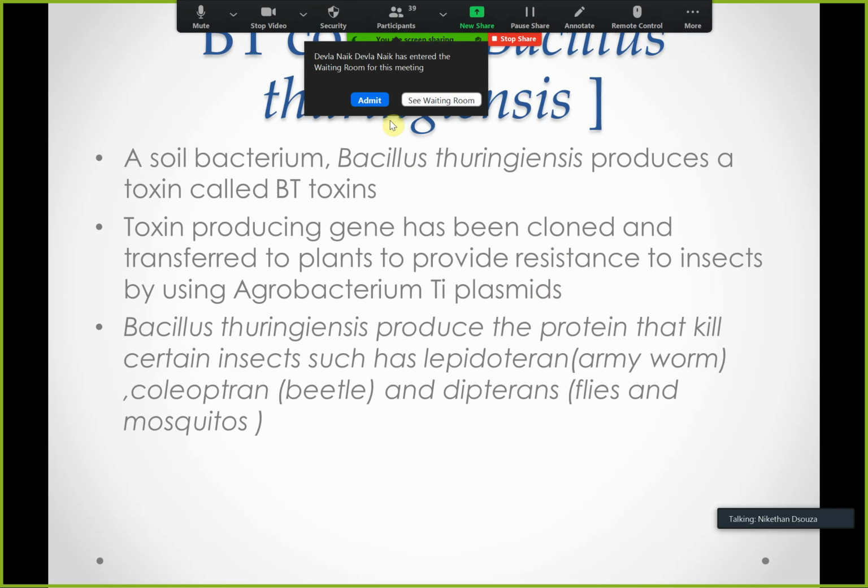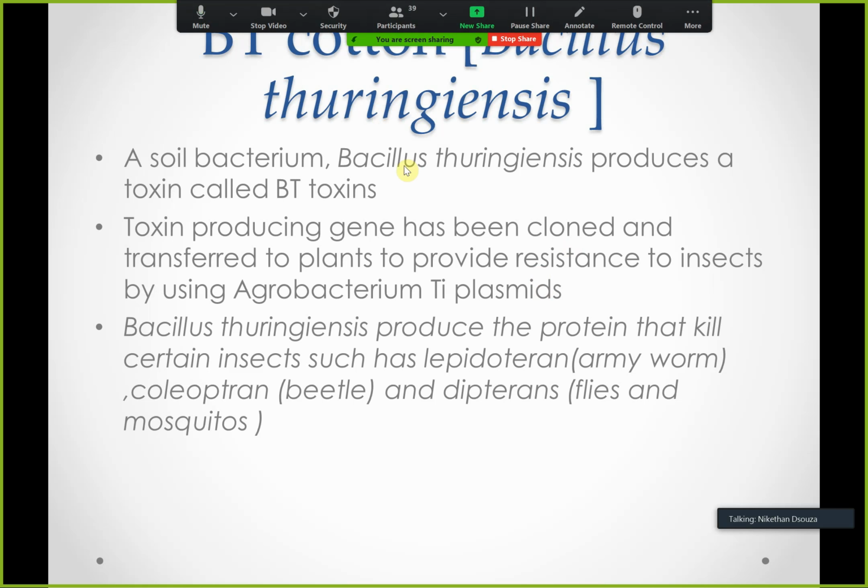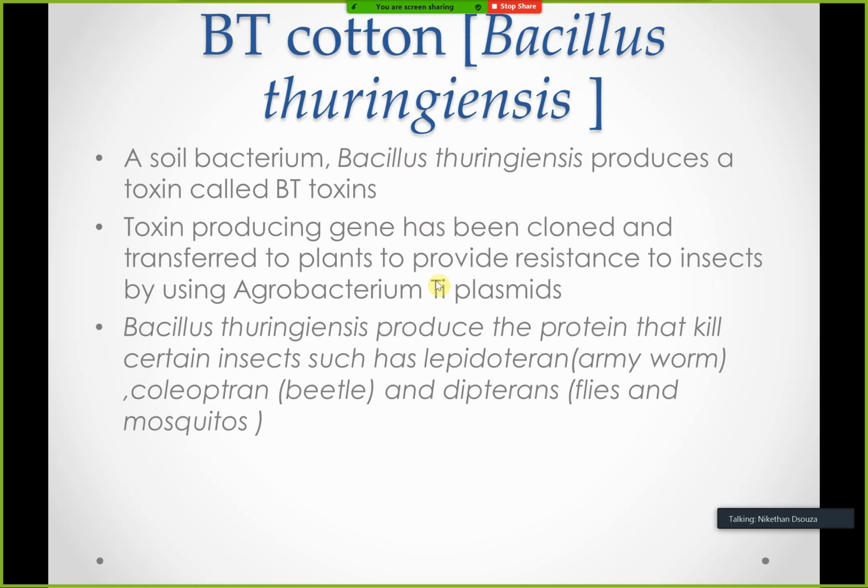Coming to your BT cotton, this Bacillus thuringiensis gene produces a toxin, or we call it a protein. The protein name, we call it a cry protein. It's a crystal protein. There are different types of cry protein, and I'll give the examples afterwards.